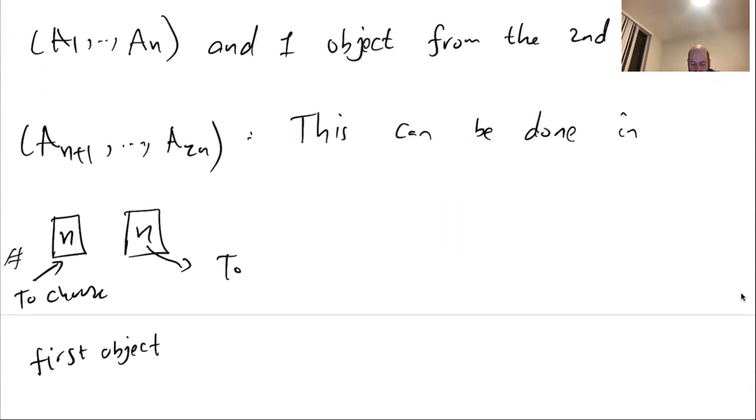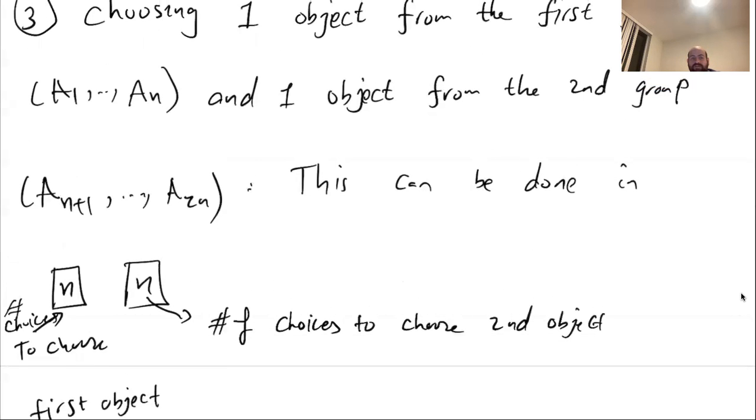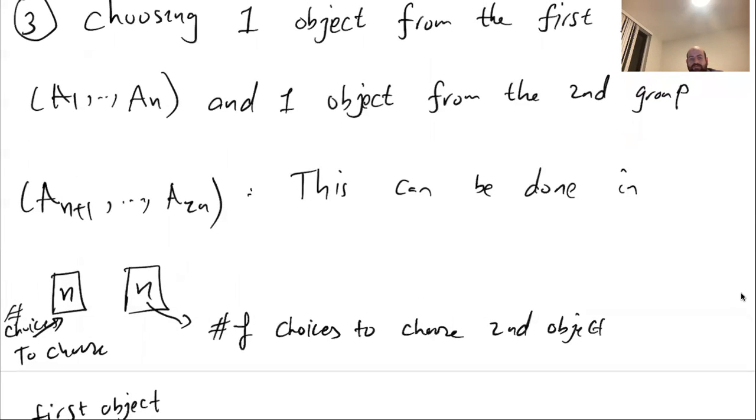This is the number of choices to choose the first object, and this is the number of choices to choose the second object, right? For the first object, I have n objects in total, A1 to An. I want to choose 1 object, so I have n choices.